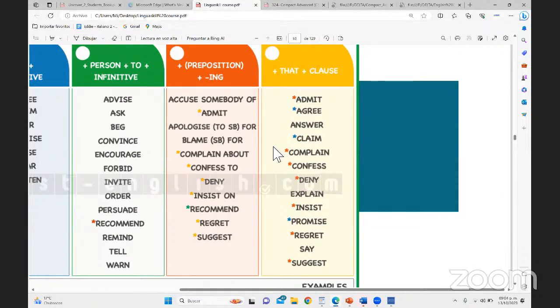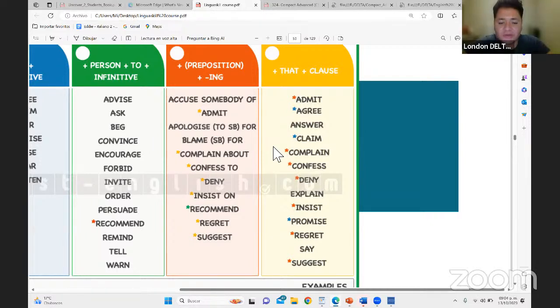Only regret. Ajá. Regret means arrepentirse. Yeah, regret, arrepentirse. Any other questions? Okay, so those are options you can use instead of always using say, tell, etc.